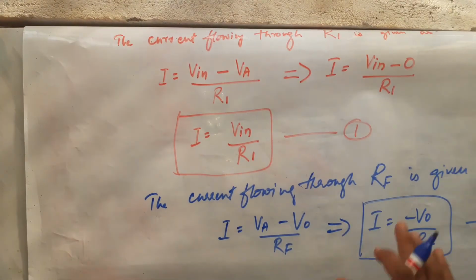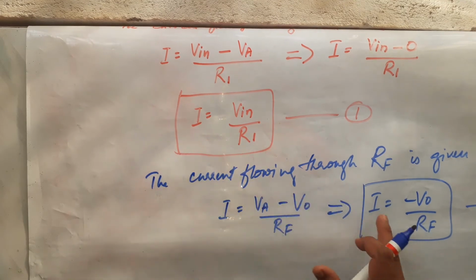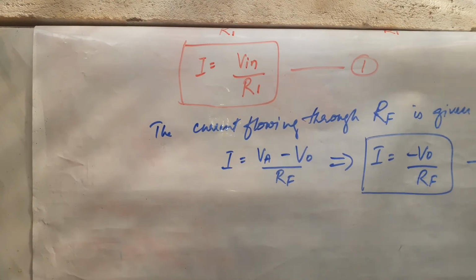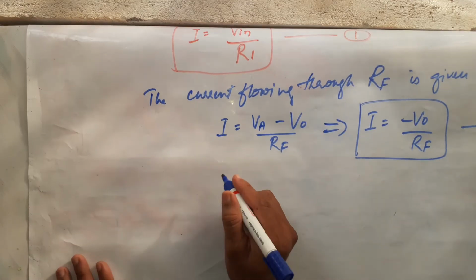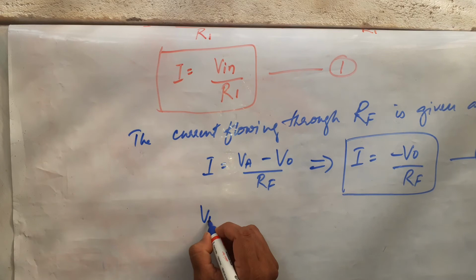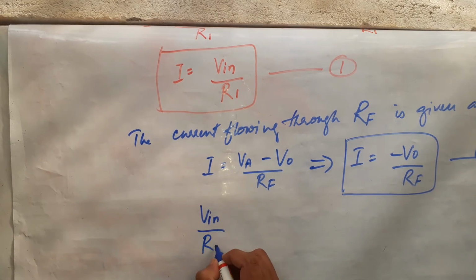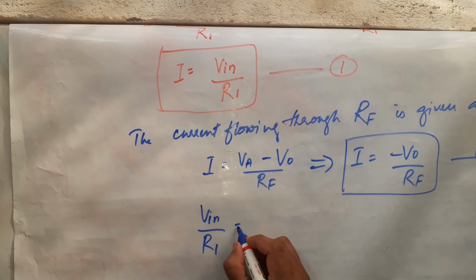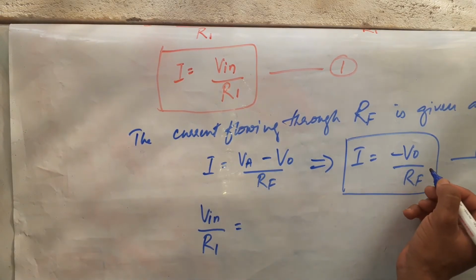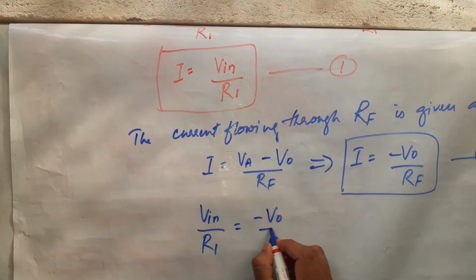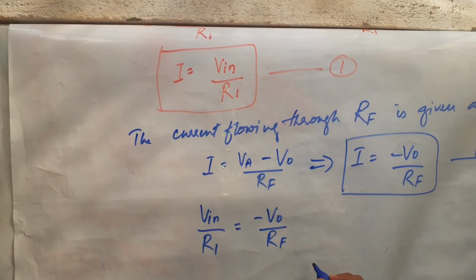Since the current I in equation 1 and equation 2 is the same, I can directly equate them to further simplify. What is our first equation? V in by R1 equal to, here we have I equal to minus V0 by RF. So this can be written as minus V0 by RF, right?